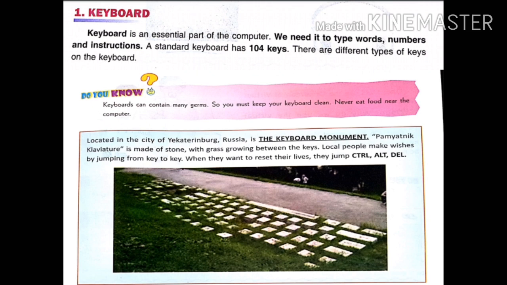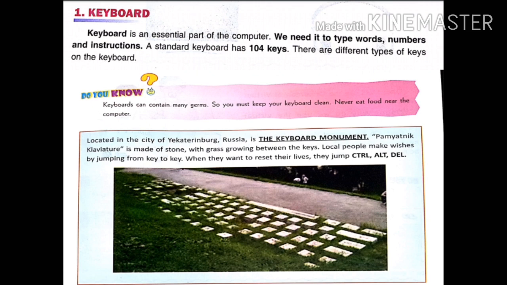Now one picture is given here. Located in the city of Ekaterinburg, Russia, is the keyboard monument. Pamyatnik Klaviature is made of stone with grass growing between the keys. Local people make wishes by jumping from key to key.